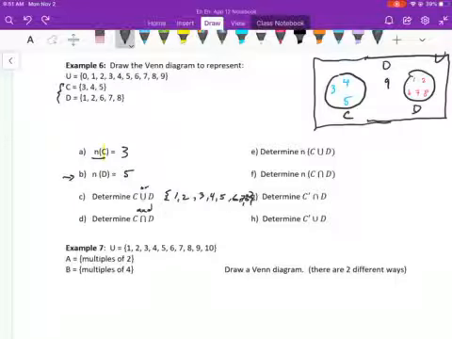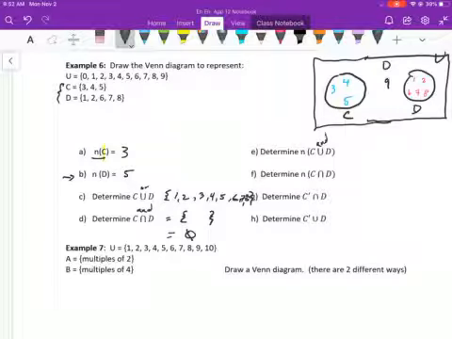So you could either write it such as, here's my set, and there's no common elements where they overlap. However, you can also put the empty set symbol, which means null.